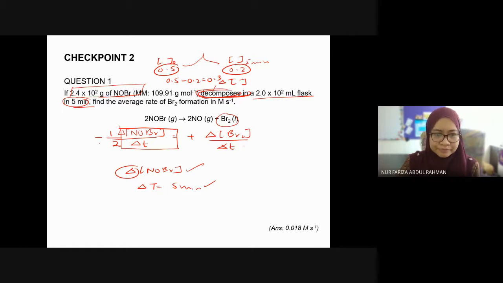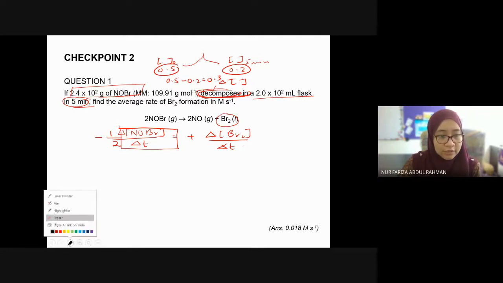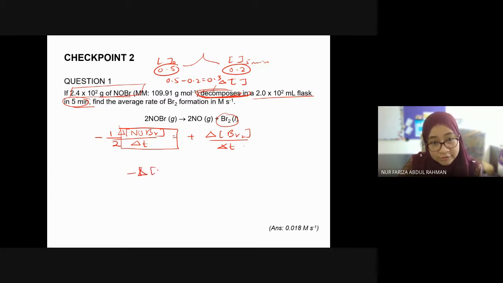You must make sure that you are able to translate it properly. Decomposes here means you have to do like what we did in the tutorial last time. So we want to translate delta T, it's a long story.